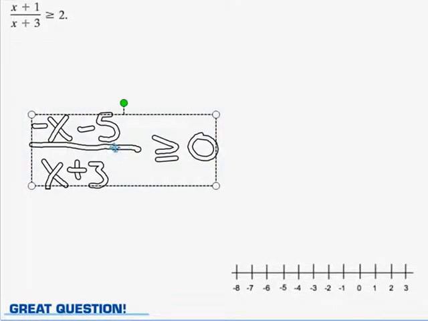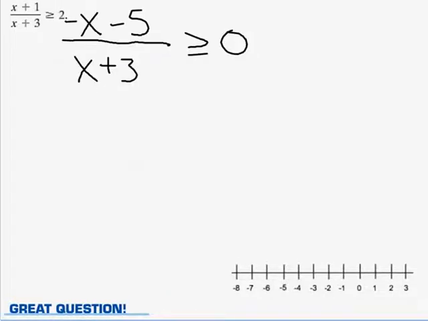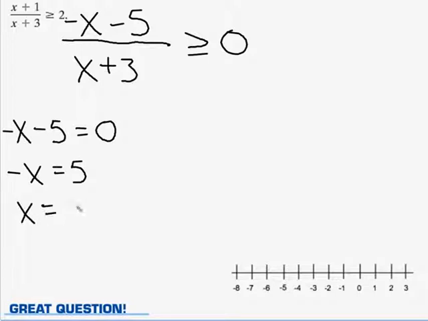All right, let's find those boundary points. If we set the numerator equal to 0, negative x minus 5 equals 0. Let's see, we can add 5 to both sides. Negative x equals 5. So divide by a negative, and x is negative 5.